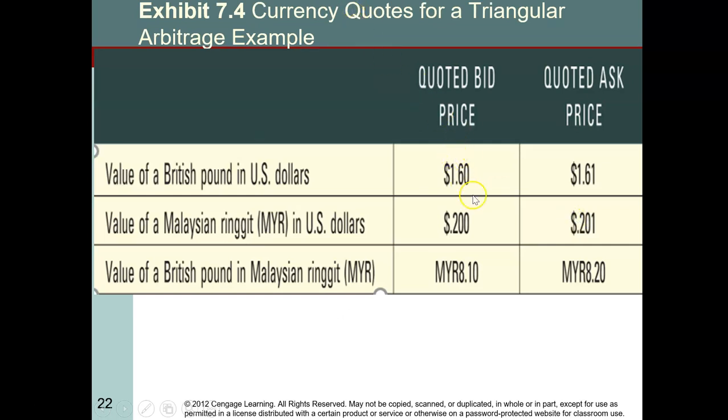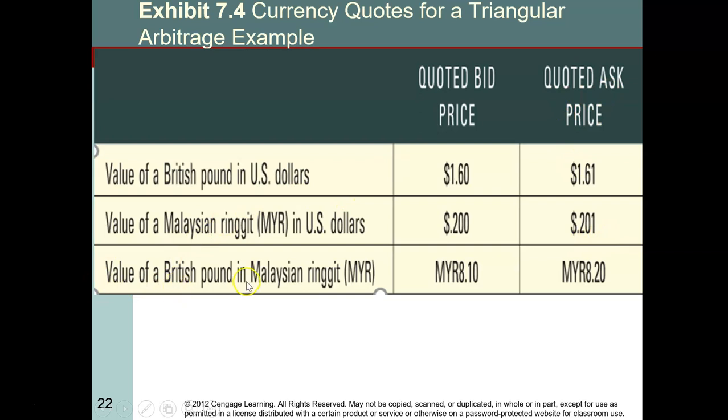For example, we would find a triangular arbitrage opportunity if the value of a British pound in US dollars is 1.6 at the quoted bid price and 1.61 at the quoted ask price, and the value of a Malaysian ringgit, MYR, in US dollars is 0.2 at the quoted bid price and 0.201 at the quoted ask price.